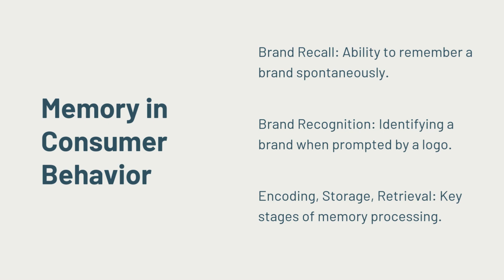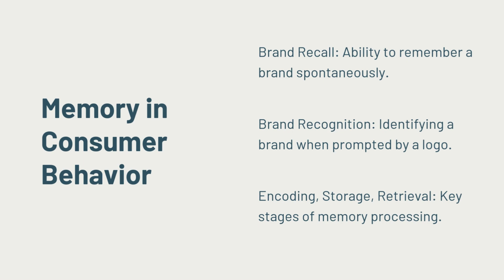Then we have attention and focus, and this is when a consumer is more focused on a stimulus. The information is more likely to be encoded for later retrieval. Marketing that uses attention grabbing visuals or emotional content increases the chances of deeper encoding.